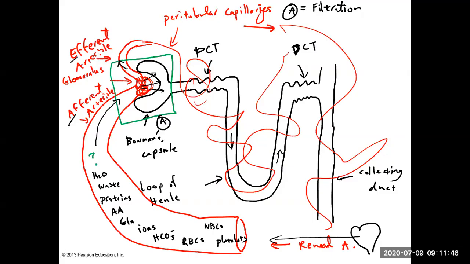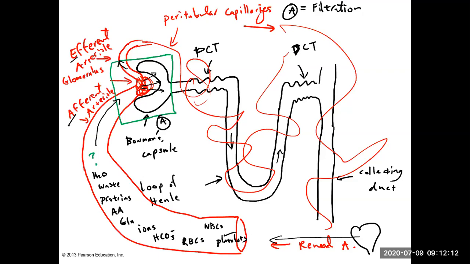It happens right in the vicinity of the glomerulus and the Bowman's capsule. Now we need to see what material can pass and what material cannot pass. This is based on size only. So all the large material does not pass, at least when we're talking about functional kidneys, right?